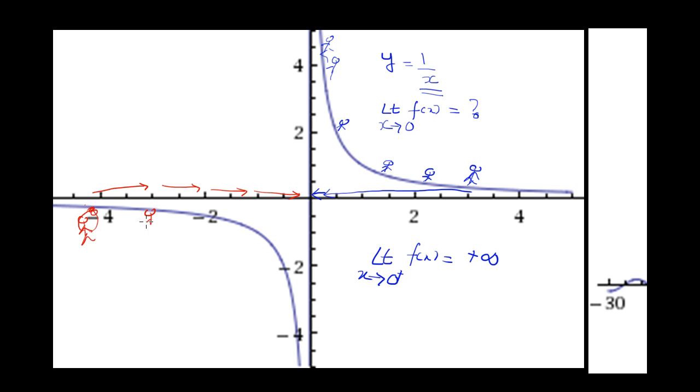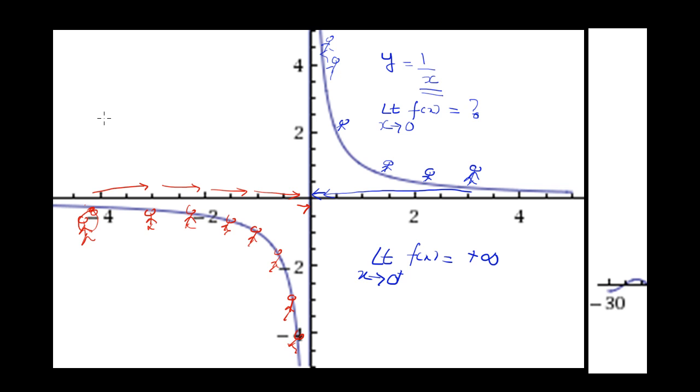Then our person is moving like this, he's here, he's here. Now as x is becoming closer and closer, he's going down. He's going to be a very, very big number, but in the negative direction.